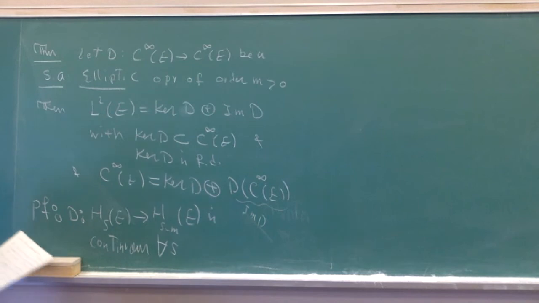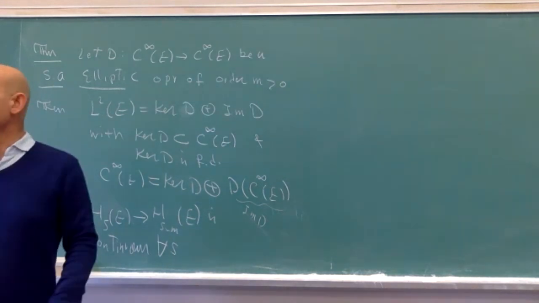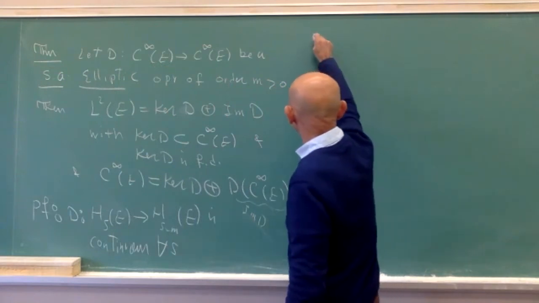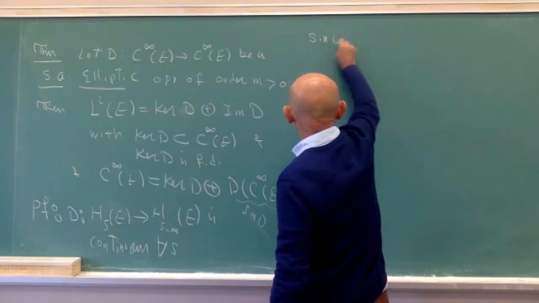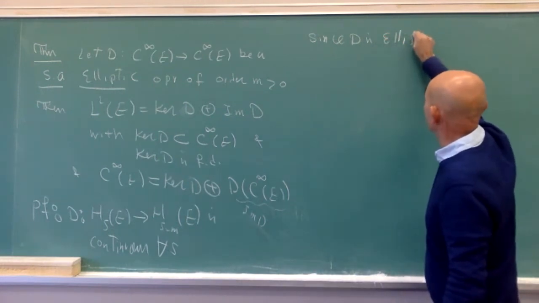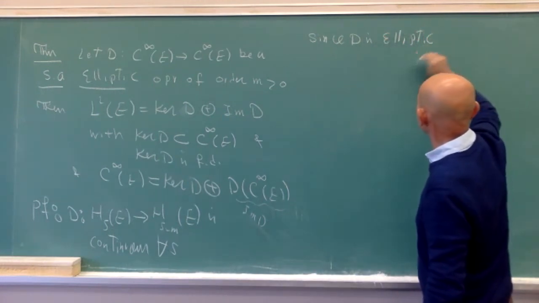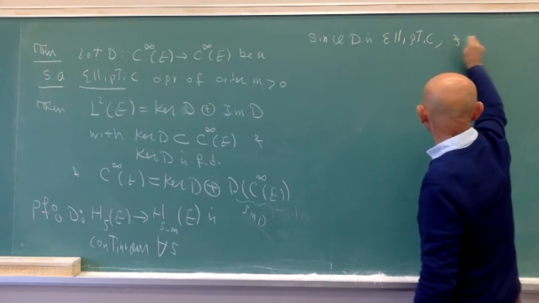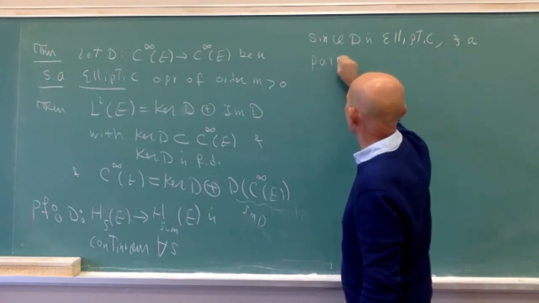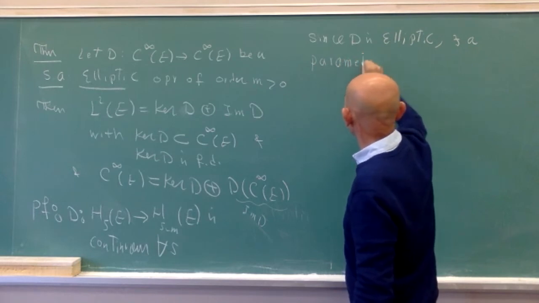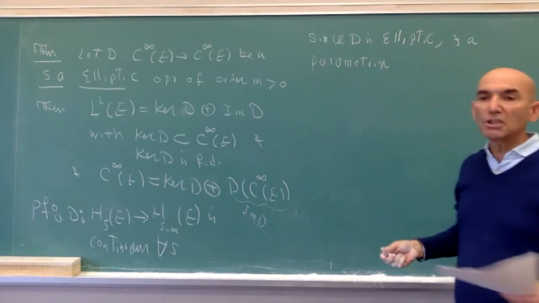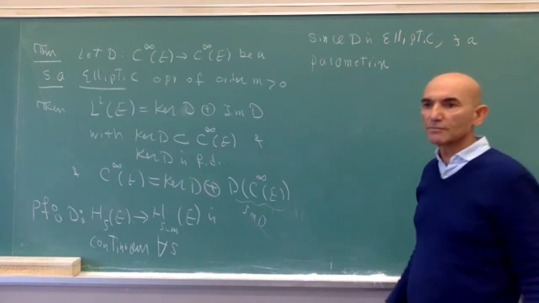So since D is elliptic, we can construct the parametrix. There exists a parametrix, I don't know what notation, maybe G. G is for Green function, for example.